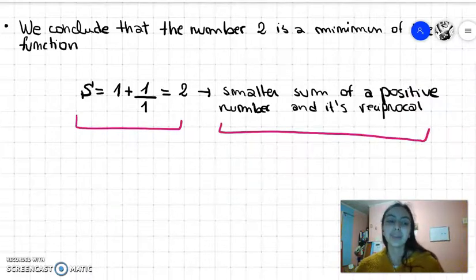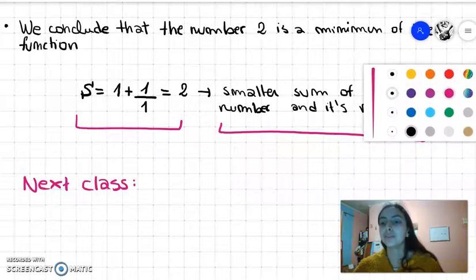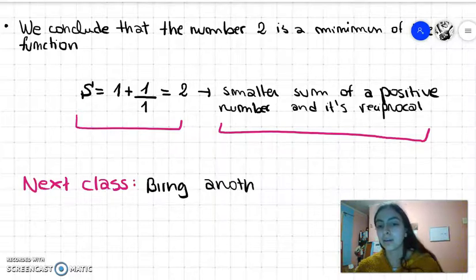So for the next class, all you will have to do is to bring another optimization problem.